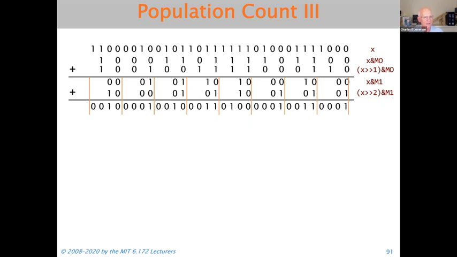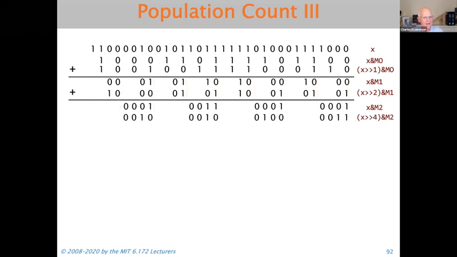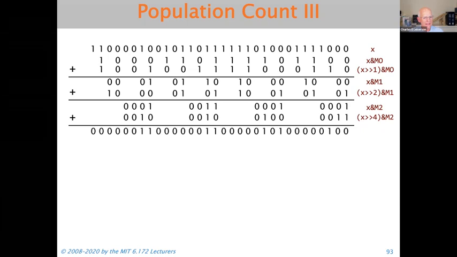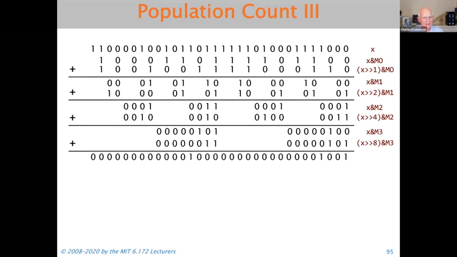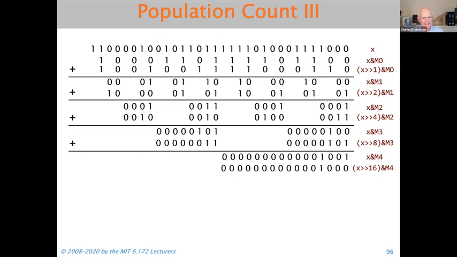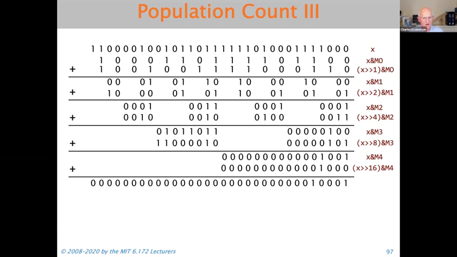So 2 for the first column, 1 for the second column, 2, etc. And we do it again, and we get now every 8 bits. So now every byte has the pop count of that byte. And we continue, and continue. We don't do the last step because we only have a 32-bit word.